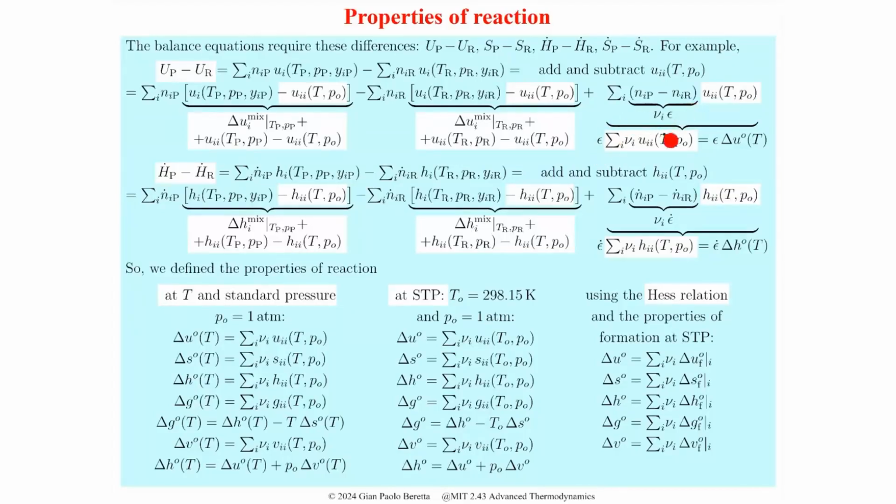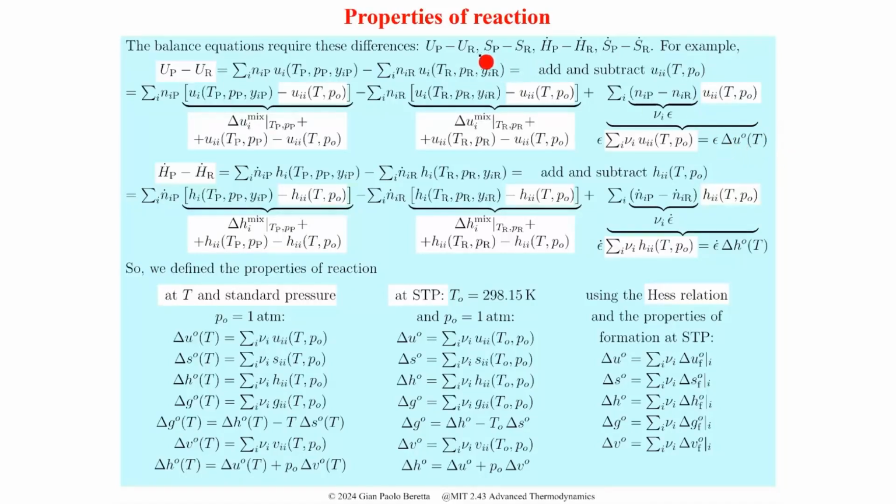And here we are left with the summation of the stoichiometric coefficients, which multiply these pure component specific properties at those reference temperature and pressure. This summation we call the energy of the reaction at standard pressure and at that temperature, and we denote it by this symbol here. So that defines the energy of the reaction.